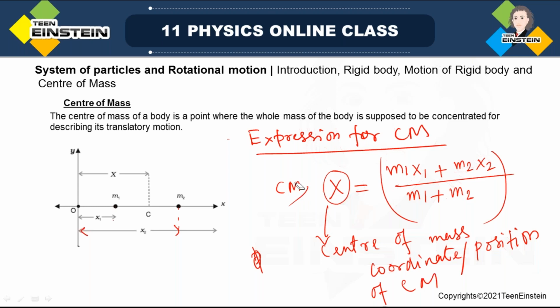Now look, this is m1 plus m2, the whole mass of the two objects, or the summation of the mass of the two objects.